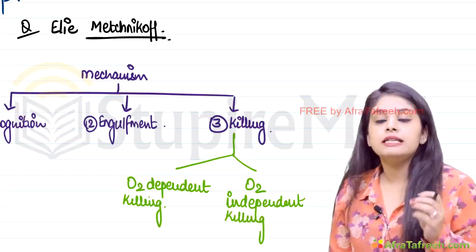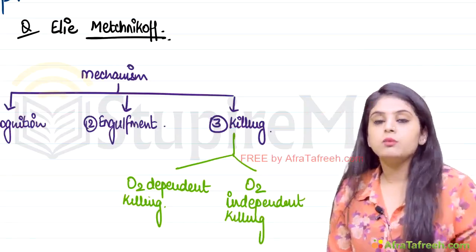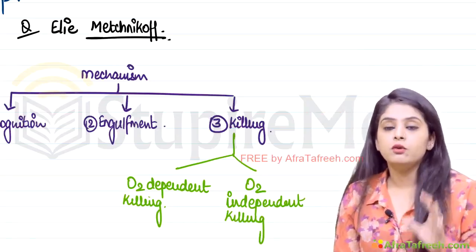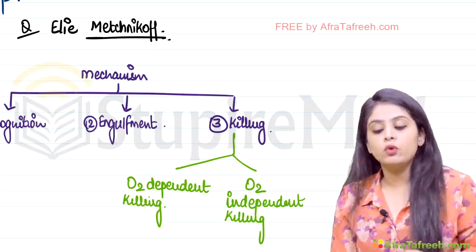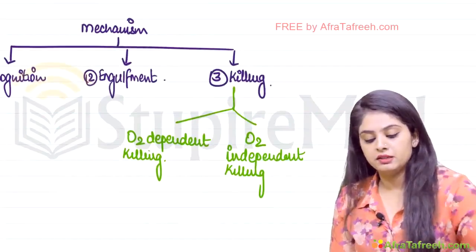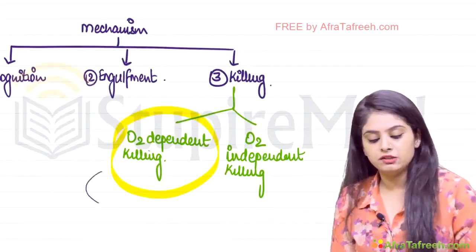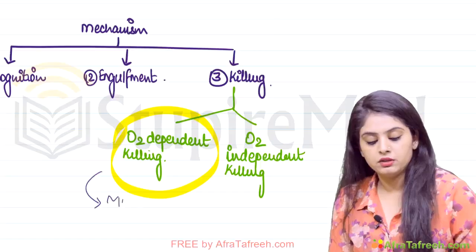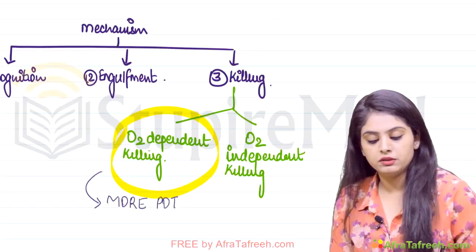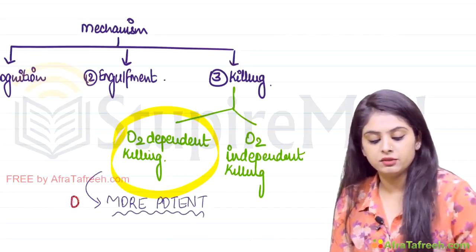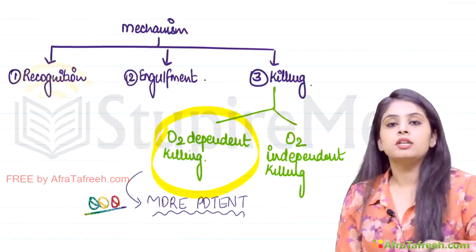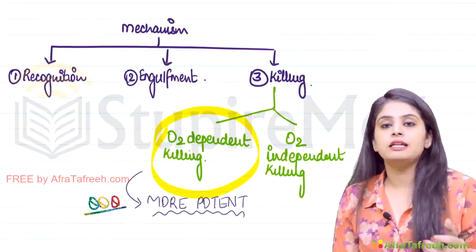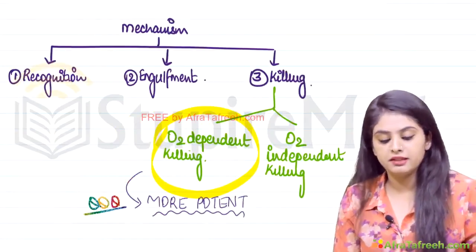Before we go on to the details, what I want you to definitely focus on is, if someone asks you which of these killing mechanisms is more potent, remember, it is the oxygen dependent one which is more potent. This is a question that has been asked in previous years. Now this is a basic summary of phagocytosis. We are going to take each step in detail and understand this mechanism.